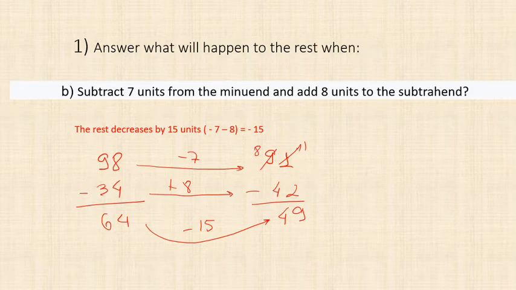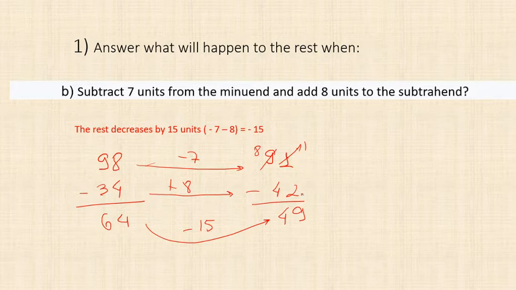Now what happens if I subtract 7 units from the minuend and add 8 units to the subtrahend? So if I have 98 minus 7, it becomes 91. If I had 34 and I add 8, it becomes 42. The first subtraction, it is 64.